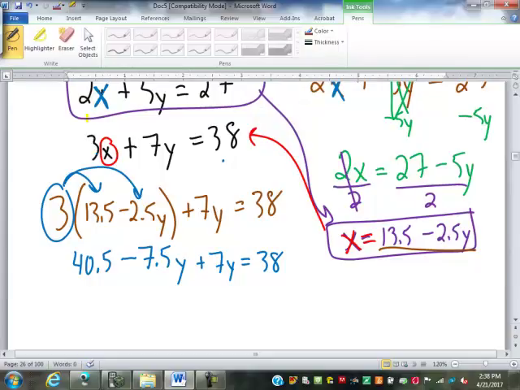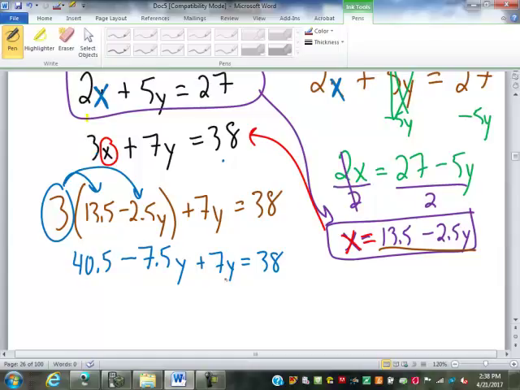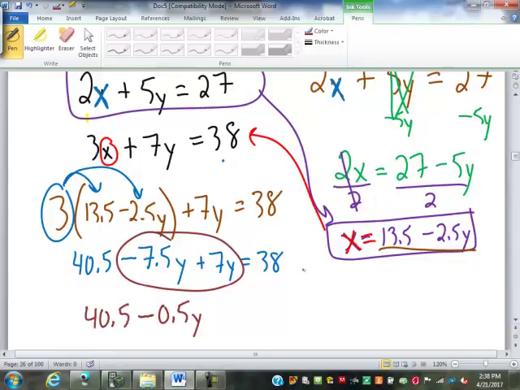So now I have the negative 7.5y and the positive 7y. They're both on the same side of the equation. If I combine those, what do I get? I get a negative 0.5y. So 40.5 minus 0.5y equals 38.